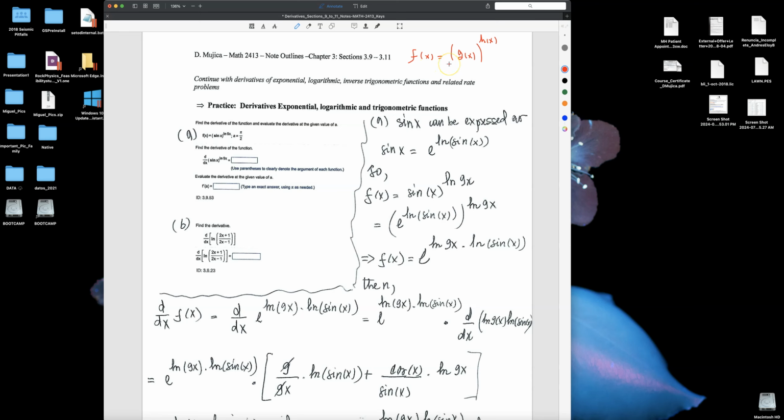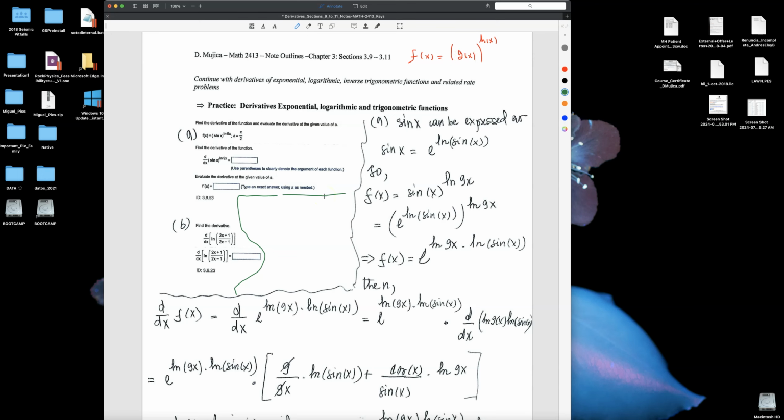the trick in here is to express the base as an exponential function. Let me just make some space here. I'm so sorry. But the trick is to express this function, which is the base function, as an exponential one.